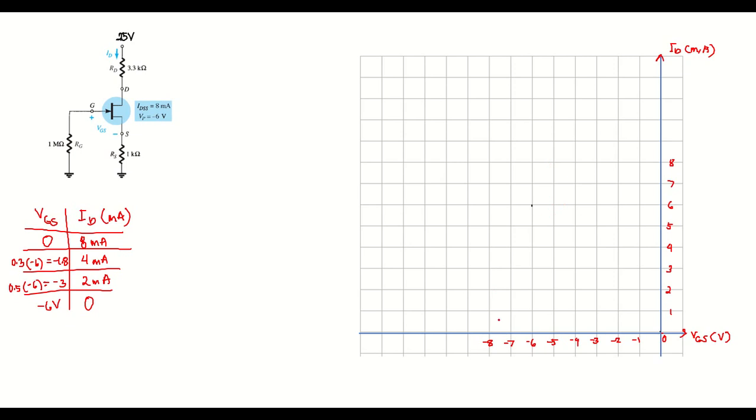So we will locate these points in our graph. First is 0 and then 8 milliamperes, so our first point here, and then next is negative 1.8, somewhere here, and 4 milliamperes, and then next is negative 3 volts, which gave us 2 milliamperes, and for the last one, when our VGS is equal to negative 6 volts, our ID is equal to 0.